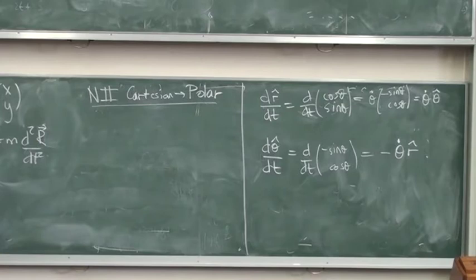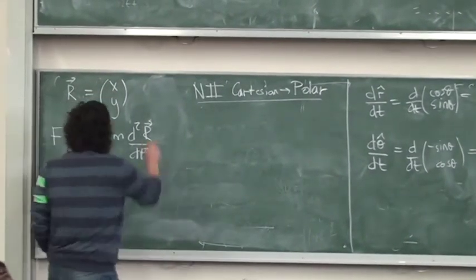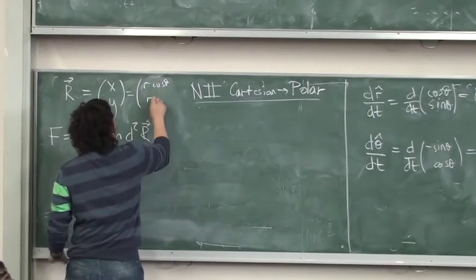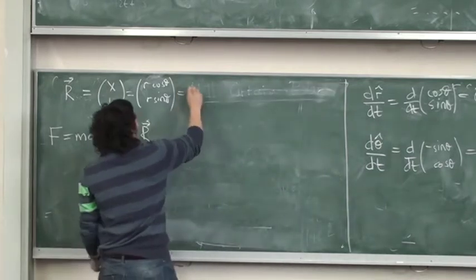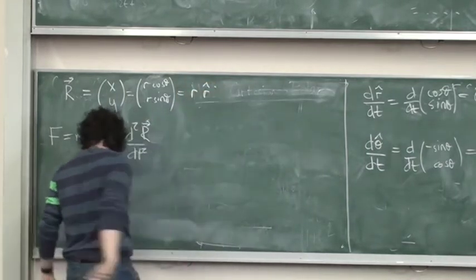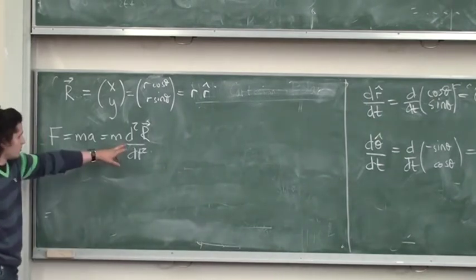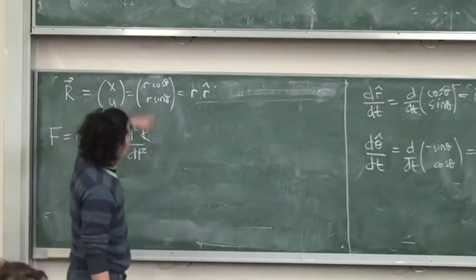Why? Because r is xy, our position vector. So we can also think of that as x is r cos theta, y is r sine theta. You'll know what we're doing now, so I'll take it away. R hat. Right. Now we're quickly going to convert this equation into polar coordinates by converting the second derivative into polar coordinates.